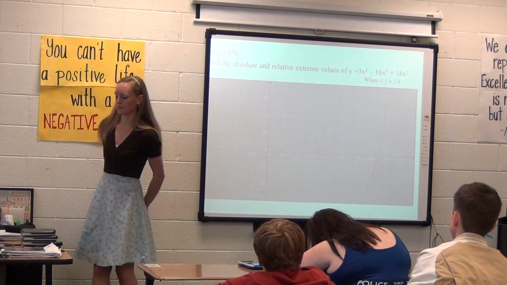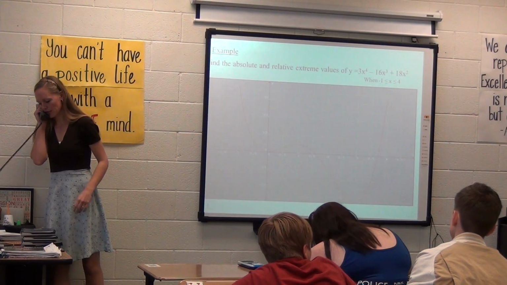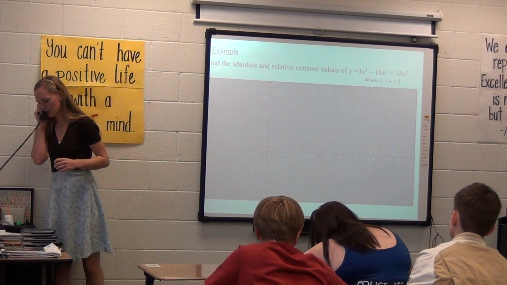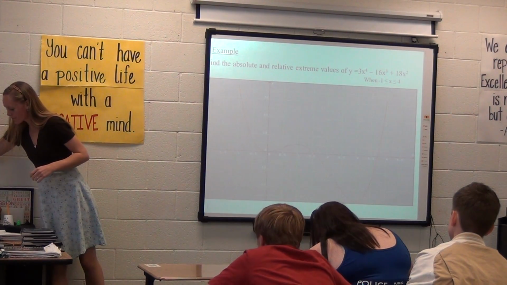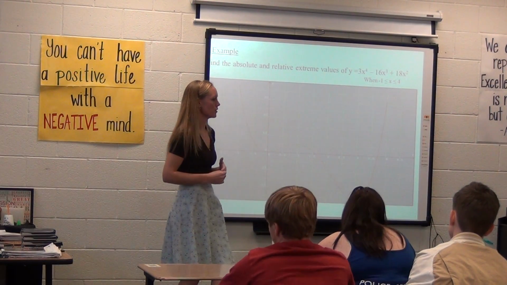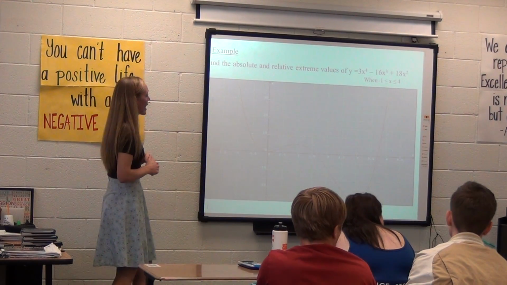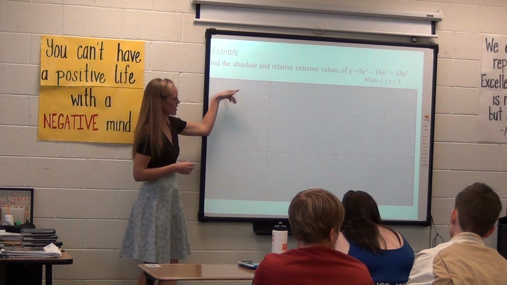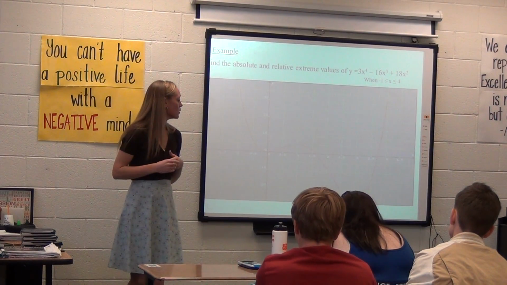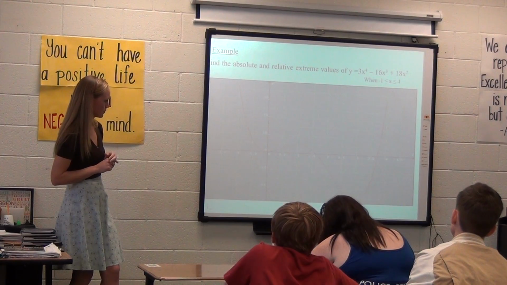It goes by fives. 37? Good, we have an absolute maximum at 37 right here. It's the highest point this graph reaches. Chi, what about the absolute minimum value? Where do you see that?